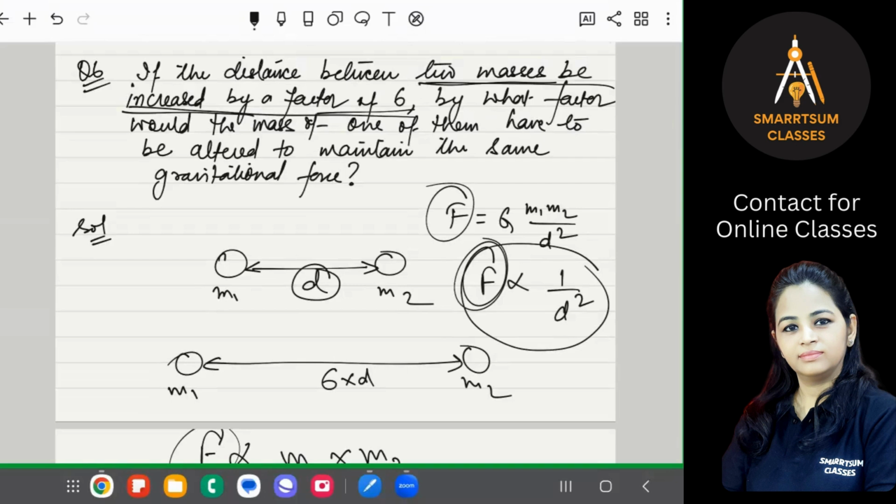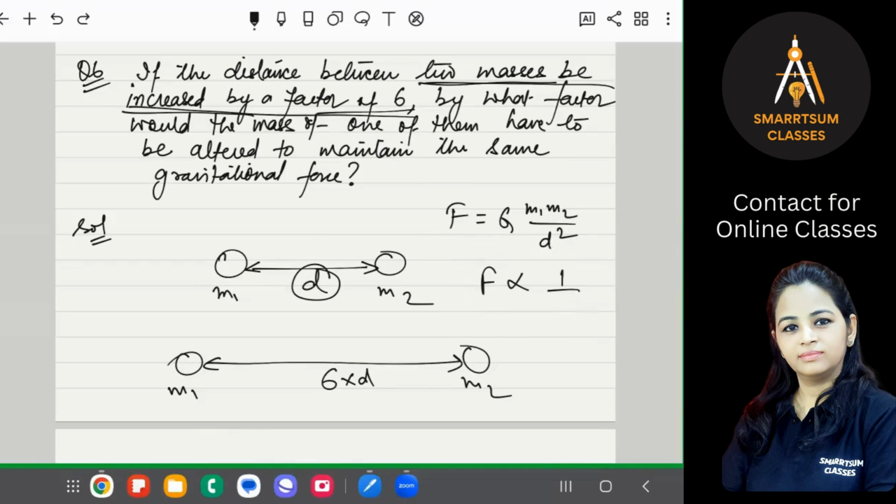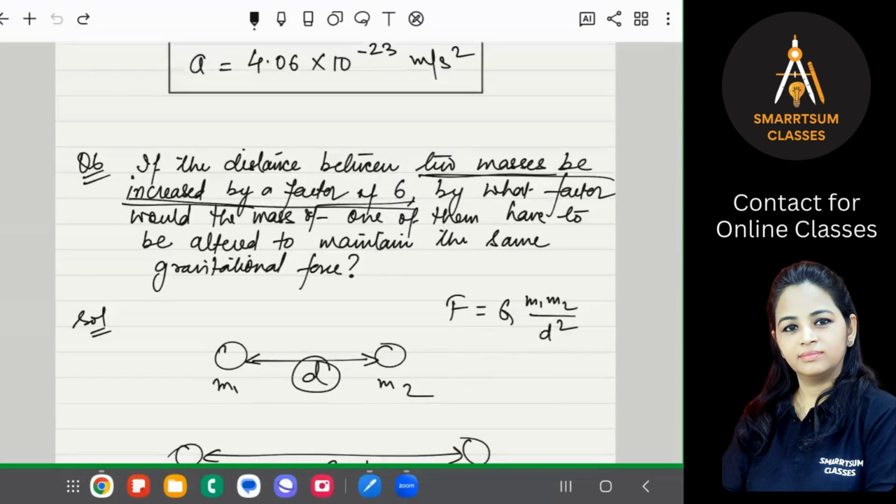Now you have to tell how much we need to increase the mass of that one object so that your F will remain the same. Is that clear? So you have to tell by which factor you have to increase the mass of one body so that F will remain the same.